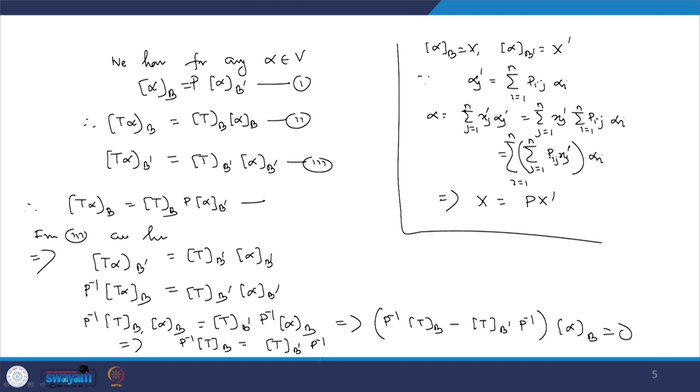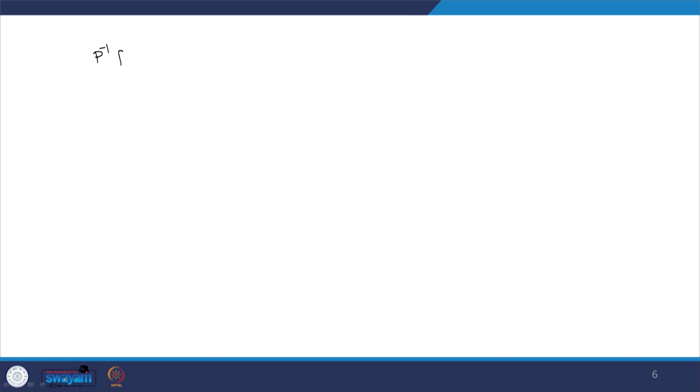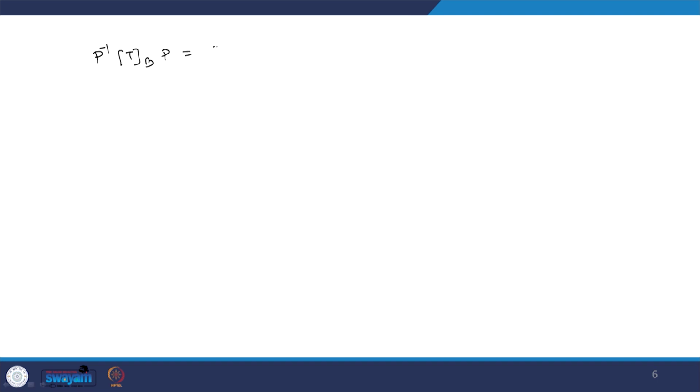So, multiplying by P on both sides, we will have P inverse times the matrix representation of T related to order basis B, into P, equal to the matrix representation of T related to B prime.